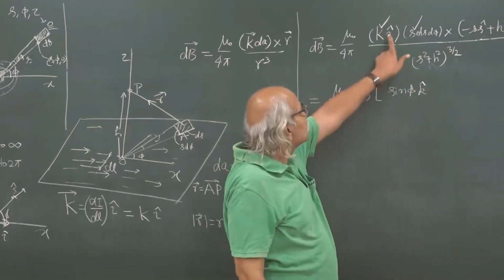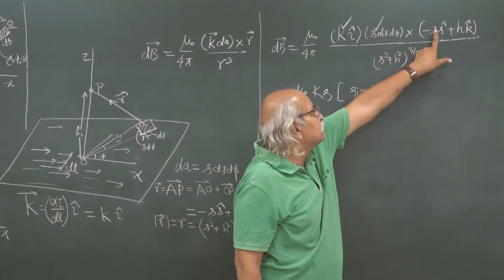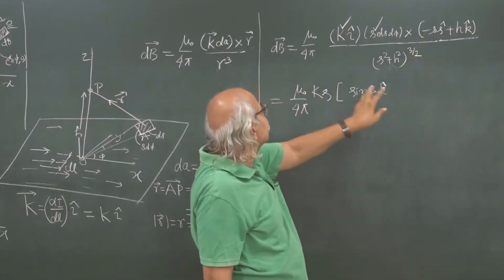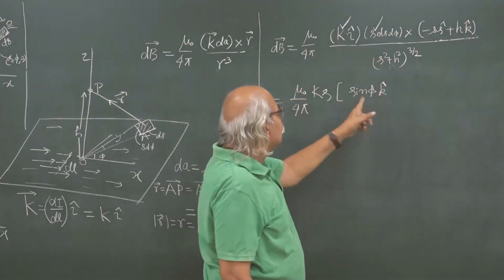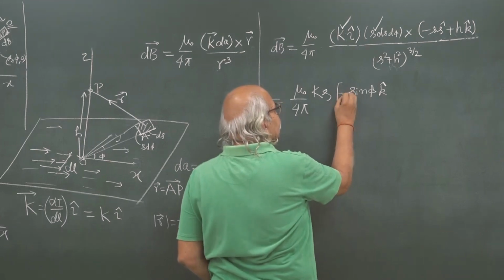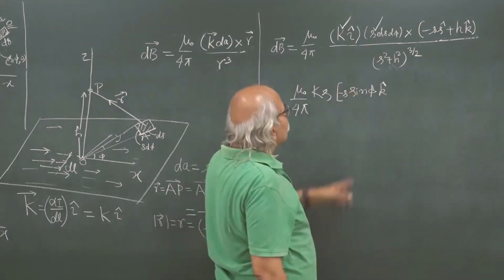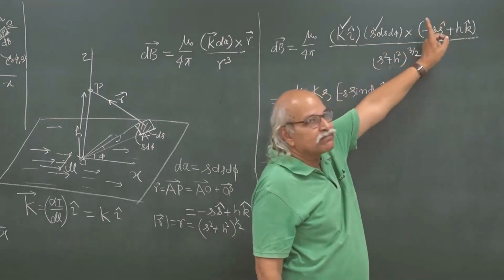What I am writing? This I cap and this s cap, this minus s is still there, this k and this s. So I have written I cap cross minus s cap.